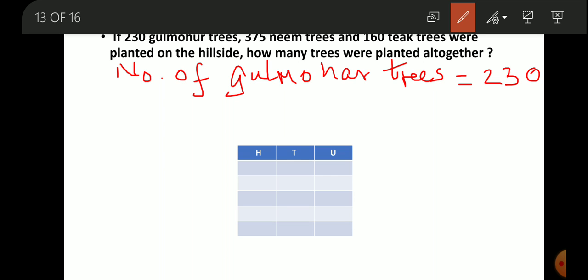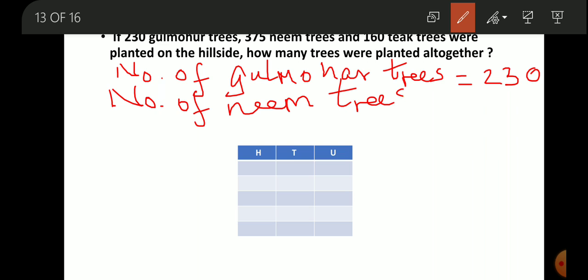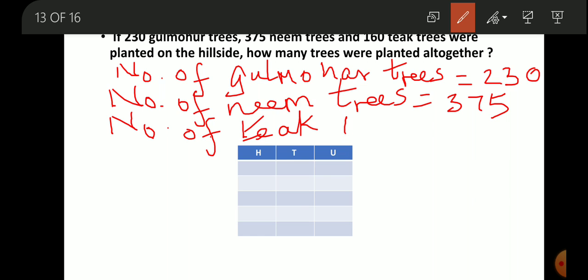So I will give it to you in the notebook. Now I'm writing it in short form because it will not fit. Number of neem trees is equal to 375, and number of teak trees is equal to 160.